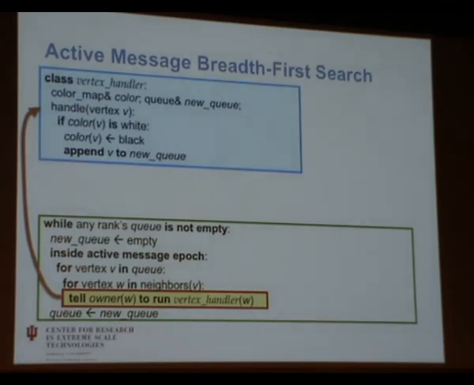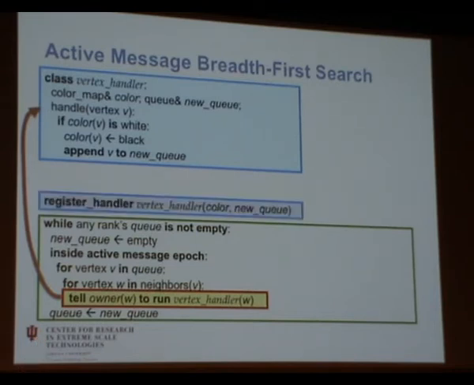This vertex handler does the body of the loop. It tests the color map, and then updates it if necessary, and appends to the new queue. And so then we have to register that handler, and note that that handler is a closure. It has member variables that represent state that are references to variables in the main program.